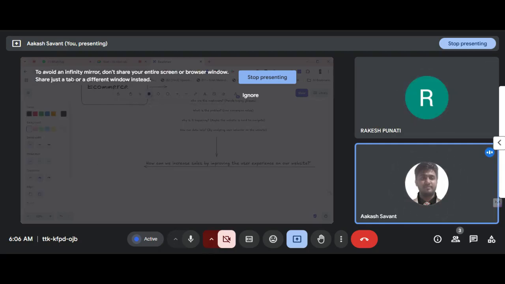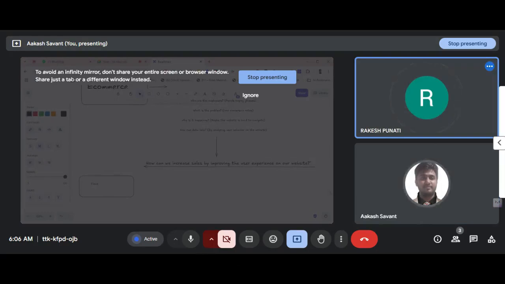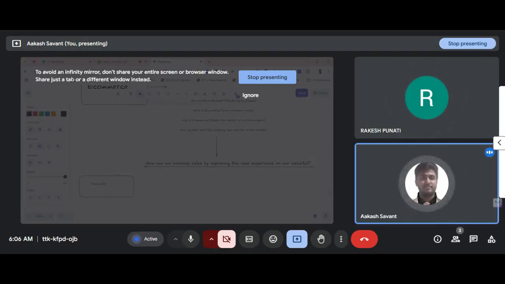Now let's talk a little bit about the finance domain, so that you will understand. Suppose a bank wants to reduce loan default.